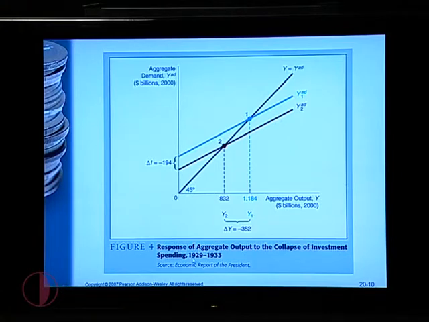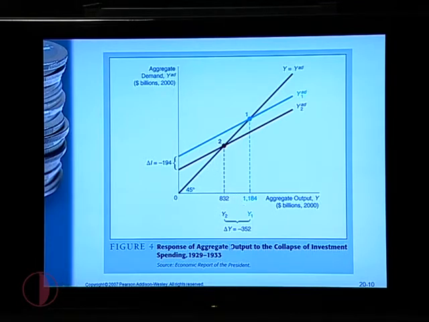Response of aggregate output to the collapse of investment spending, 1929 to 1933, during the time of the Great Depression. This is our 45-degree line, as we all know.